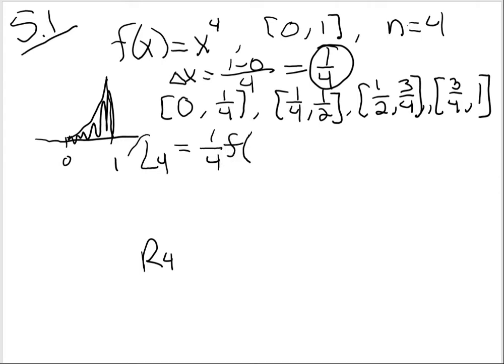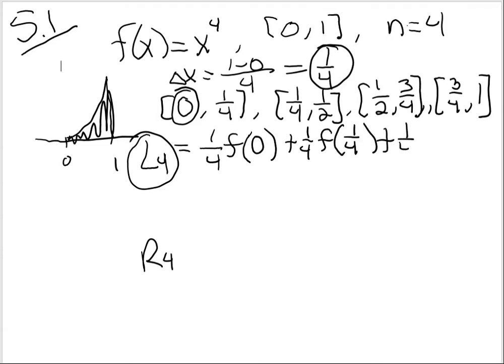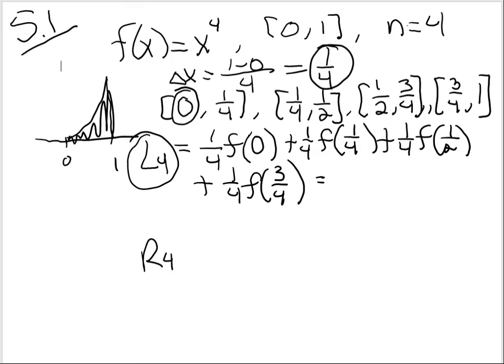In this case, L4 for left, we want to use the left endpoints, and we add them all up. What do we get? Well, you can plug them back into the function, and as a fraction, you'll get 97 over 1024, which is approximately 0.09473.